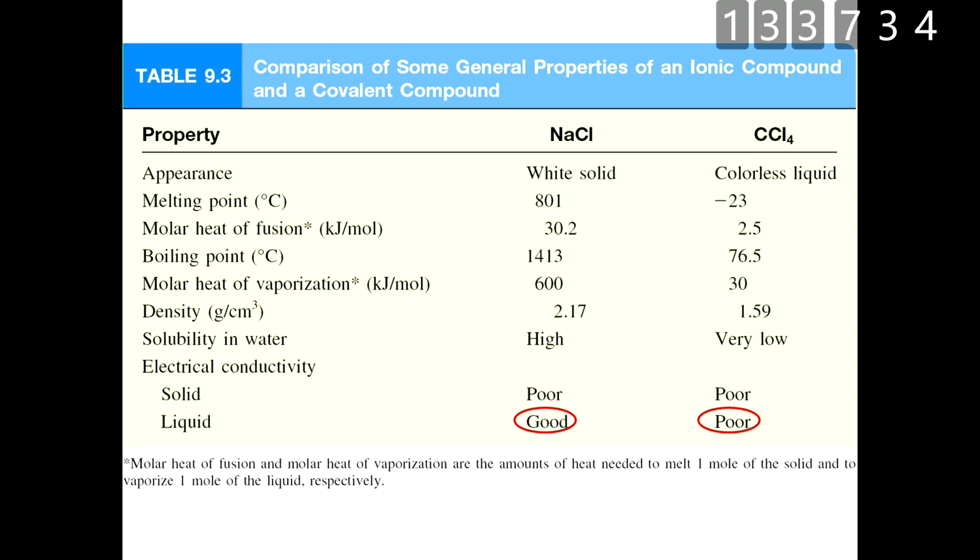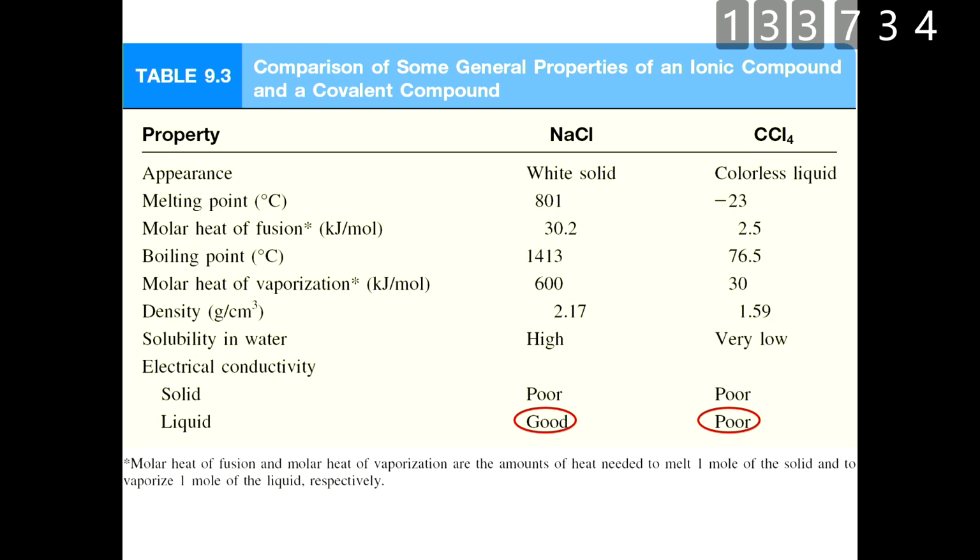And also the boiling point of an ionic compound is higher than that of a covalent compound. And also the solubility in water: basically, the ionic compound is soluble in water, but for the covalent compound, the solubility is very small.